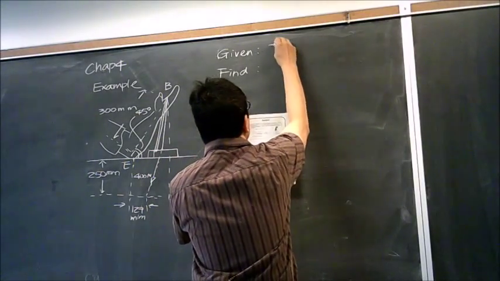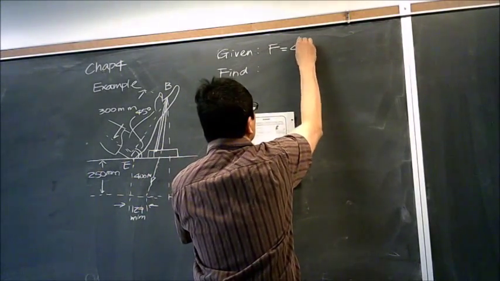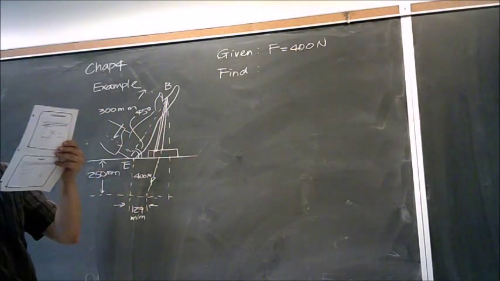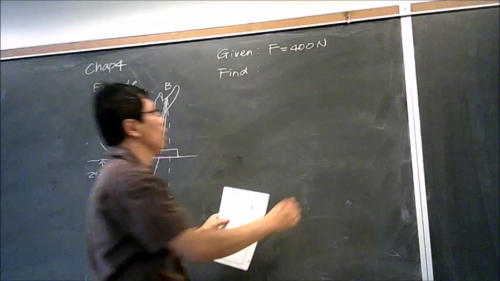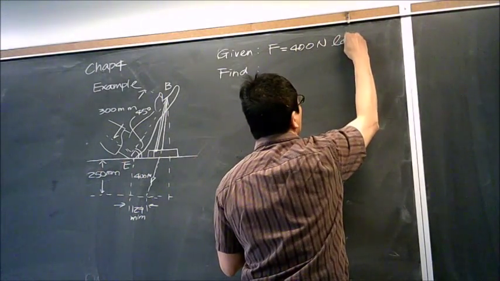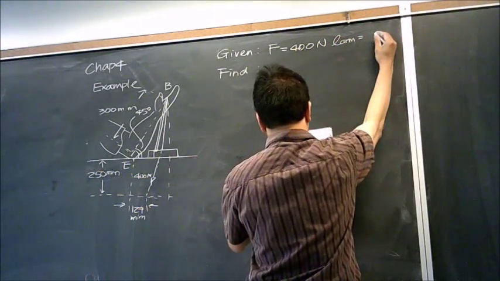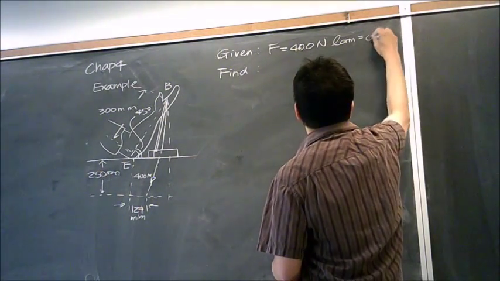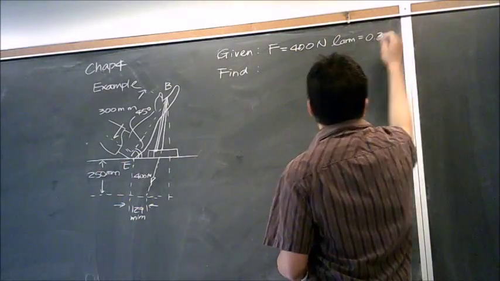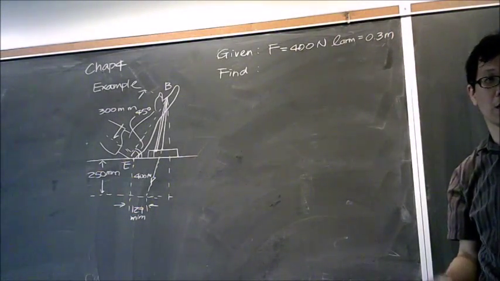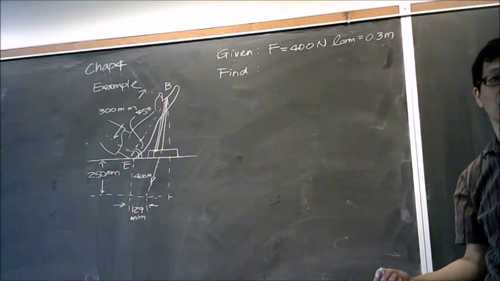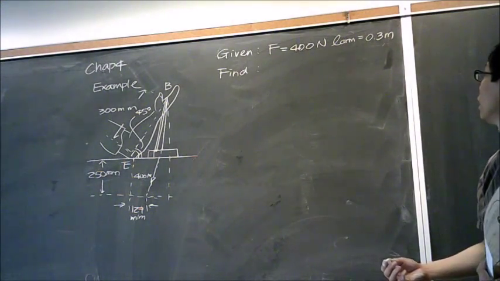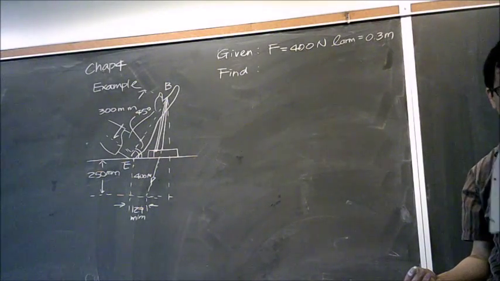I'm given F equals to 400 Newton, and the length of arm is 300 millimeters, but I would like to use that at 0.3 meter in this case because that will be easier to understand what's going on, and the number is going to be smaller with the unit of meter.